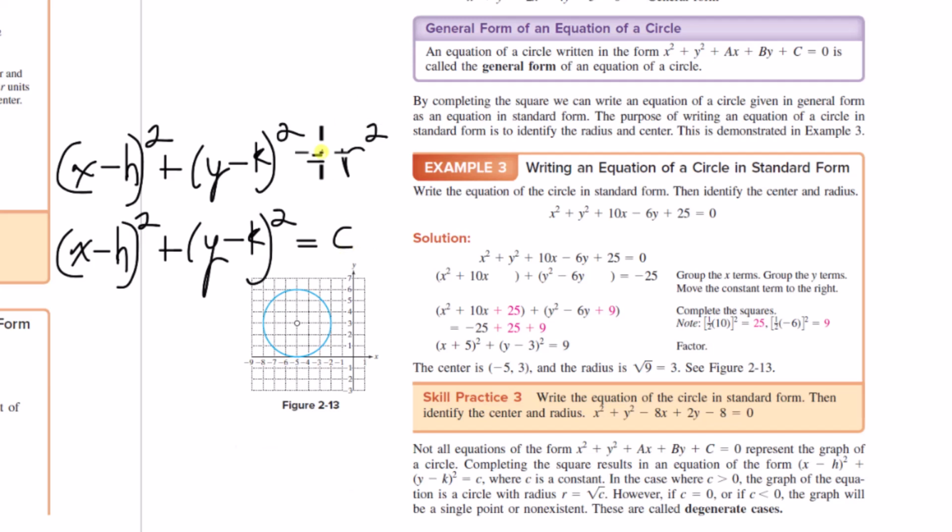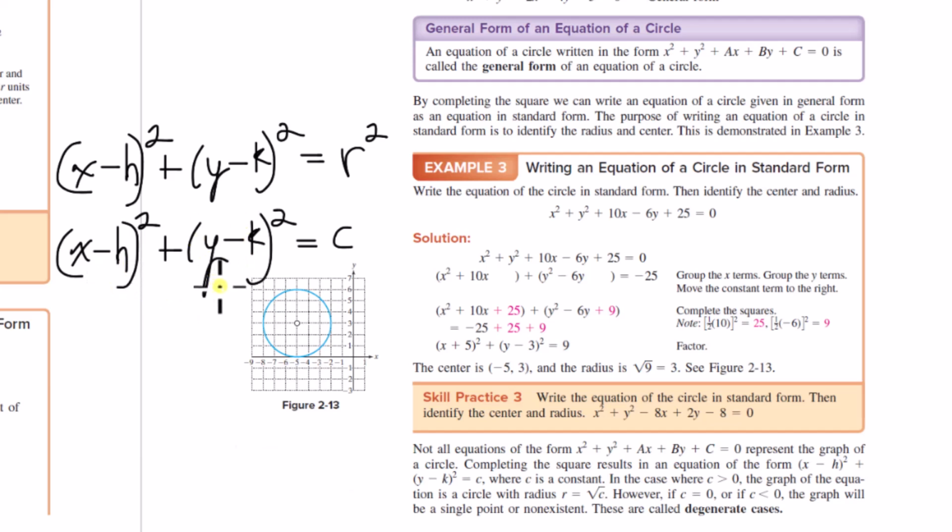But what about if c is 0 or negative? Well, if c is negative, then if we examine this side here, you have the sum of two squares. It doesn't matter what x is or what h is. When you square it, it's going to be positive or at the lowest 0.